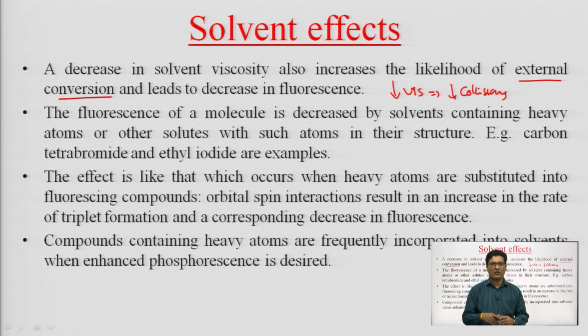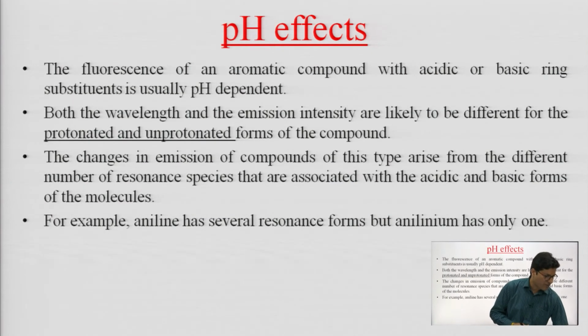So, when we want phosphorescence, we deliberately dissolve our compounds in solvents which have heavy atoms, so that we decrease the fluorescence and can increase the phosphorescence. So, due to this heavy atom effect, fluorescence is decreased and phosphorescence is generally increased.